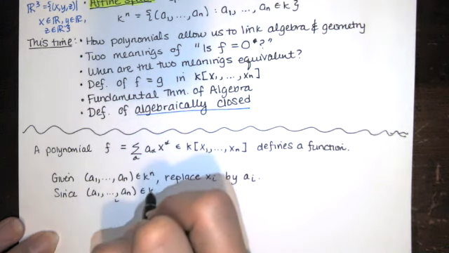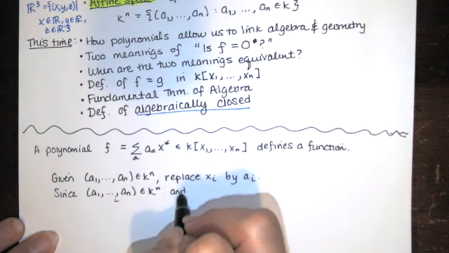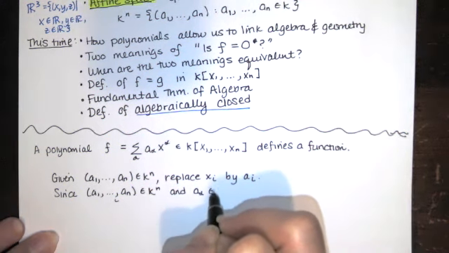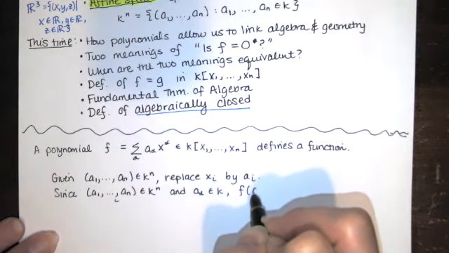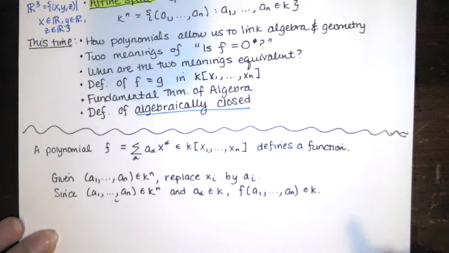So I'm just going to say, since this is in n-dimensional affine space and the a sub alphas are in k, f of a sub 1 through a sub n is also in k. It's in k for all of the reasons that we just talked about.